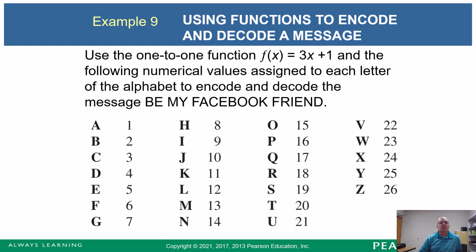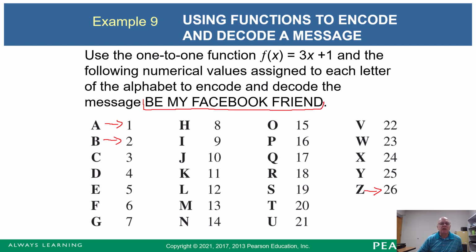Now, this is what I'm talking about. So, first of all, each letter corresponds to some number. Let's do it really, really simple. A corresponds to 1, B to 2, all the way up to Z will represent by a 26. Now, here's a message. Be my Facebook friend.